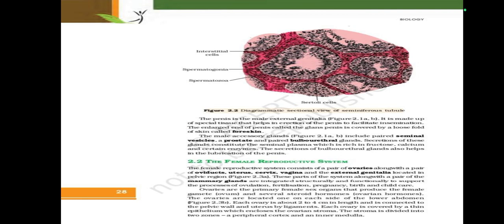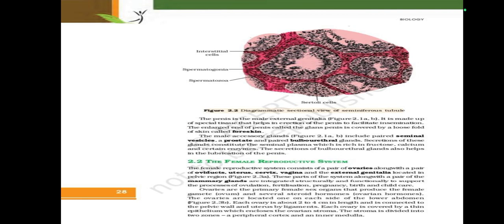The penis is the male external genitalia, figure 2.1a, b. It is made up of special tissue that helps in erection of the penis to facilitate insemination. The enlarged end of penis, called the glans penis, is covered by a loose fold of skin called foreskin.